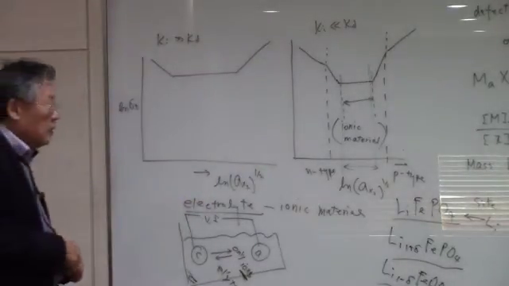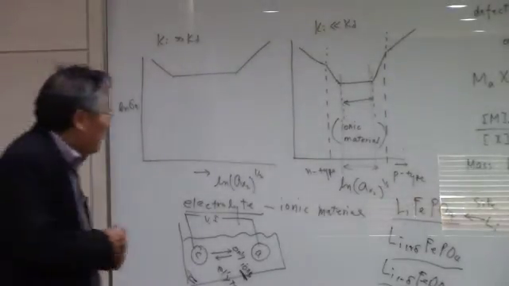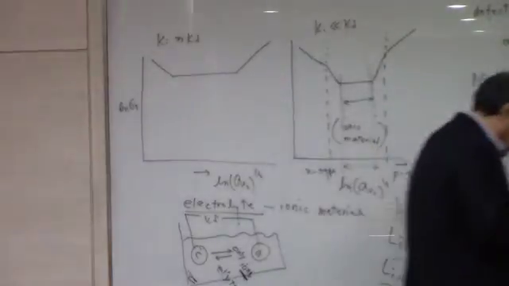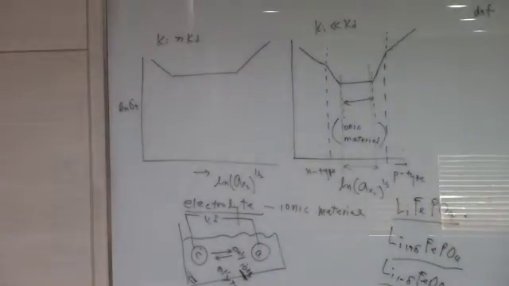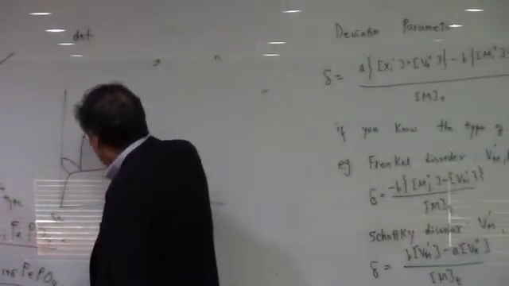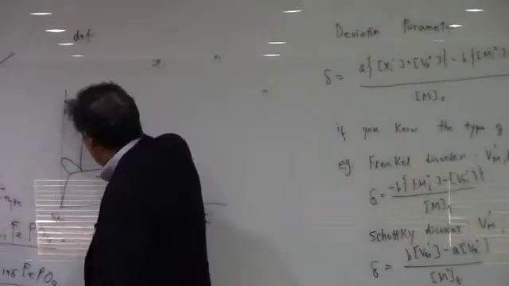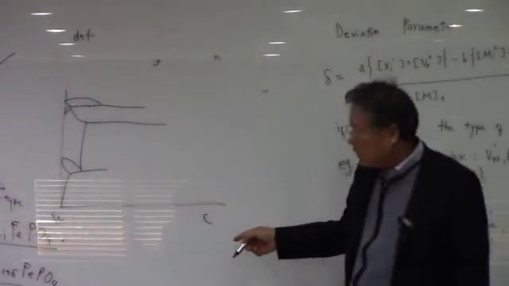It's more or less like a solubility limit in the binary system. If you have, let's say, iron, this is the famous iron and carbon system.